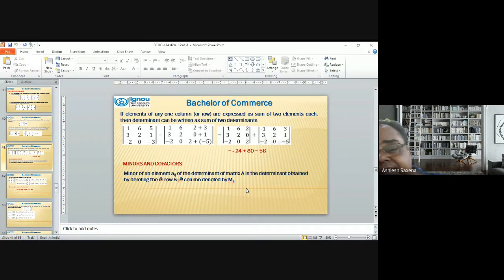I said, okay, split it up. One said that 5 can be written as 2 plus 3. Somebody said, what to do with 1? I said, add 0 plus 1. Mathematically, it's not going to affect anything. Somebody said, what to do with this minus 3? I said, you can write it as 2 plus minus 5.